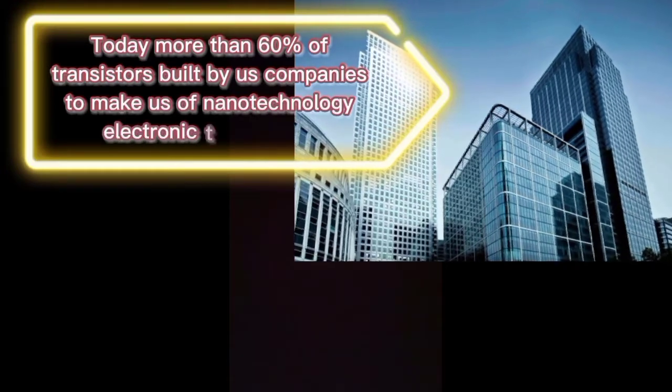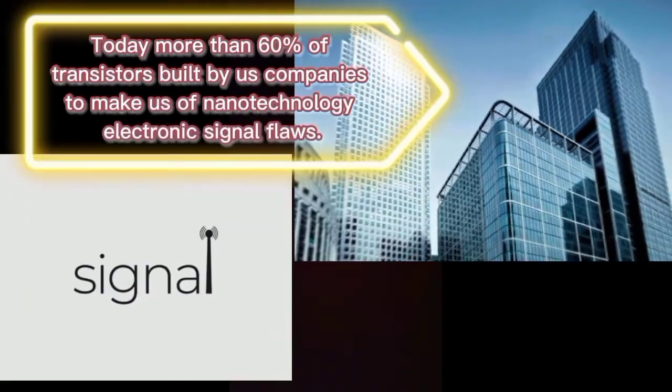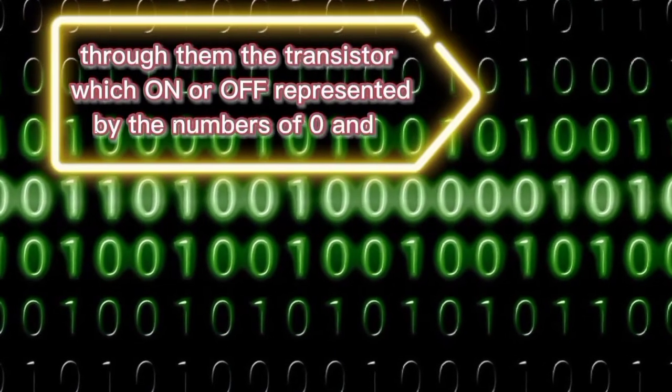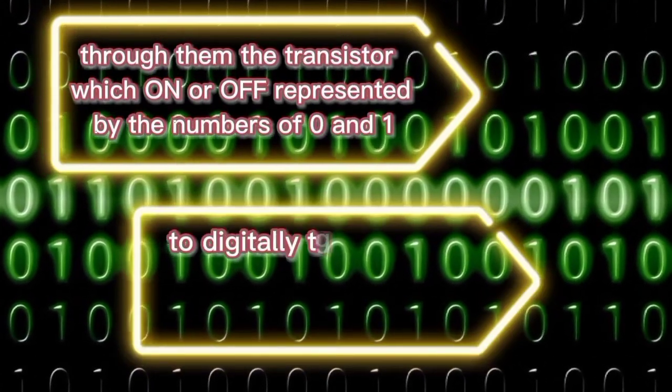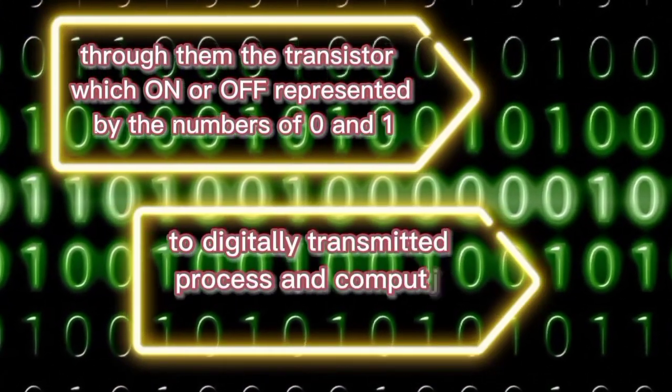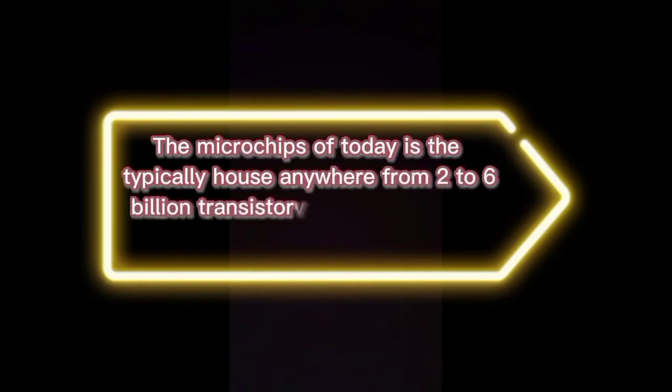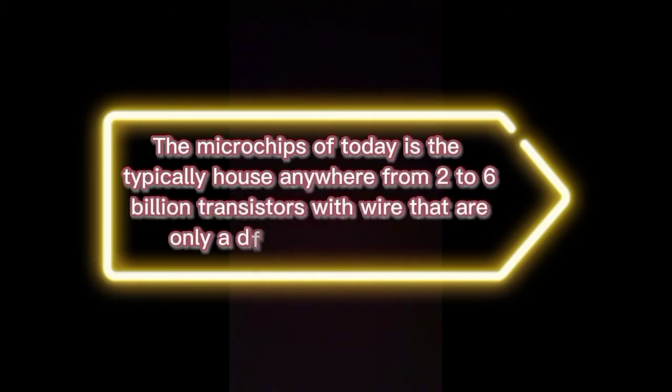As electronic signals flow through them, the transistor switches on or off, represented by the numbers 0 and 1, to digitally transmit, process, and compute information. The microchips of today typically house anywhere from 2 to 6 transistors with wires that are only a dozen nanometers.